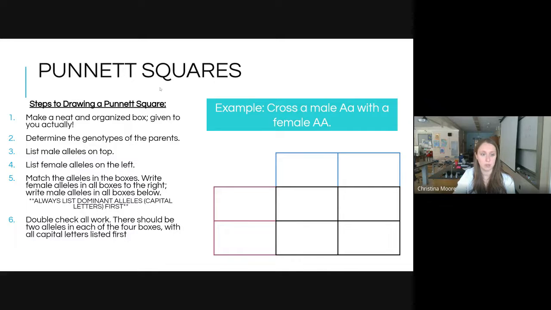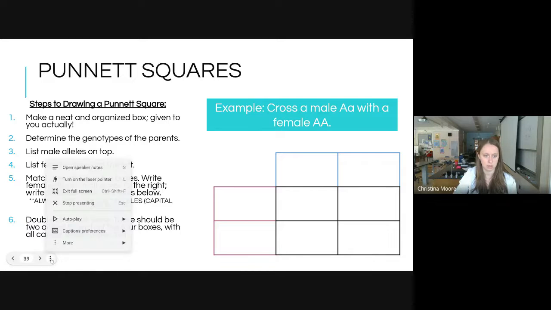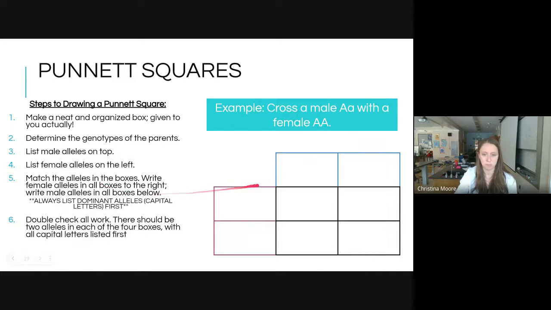Whenever we're writing out genotypes, we always want to list the dominant alleles or the capital letters first. So we want to list the dominant, bigger, stronger, taller one before we write the recessive lowercase one. The last step is to double check all your work. There should be 2 alleles in each of the 4 boxes with all of the capital letters listed first.